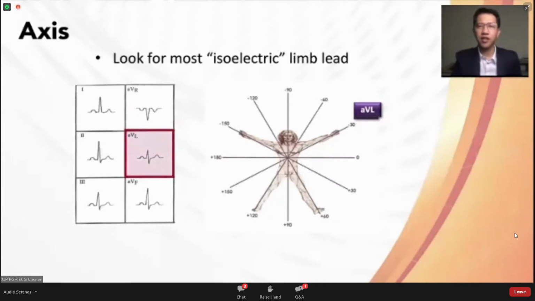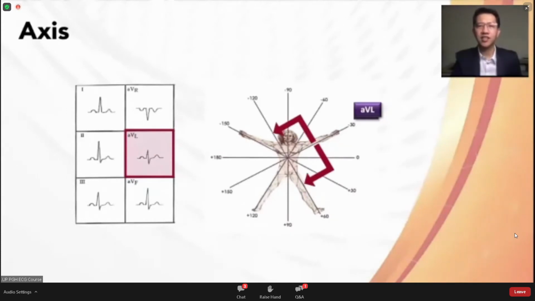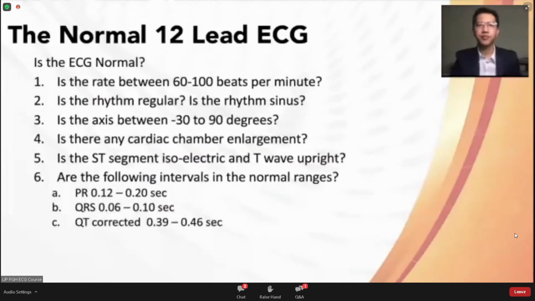Because of AVL, there are only 2 options for axis. And using the thumb method, you can now verify that this patient roughly has an axis that is normal. An estimate would be positive 60 degrees in your interpretation.